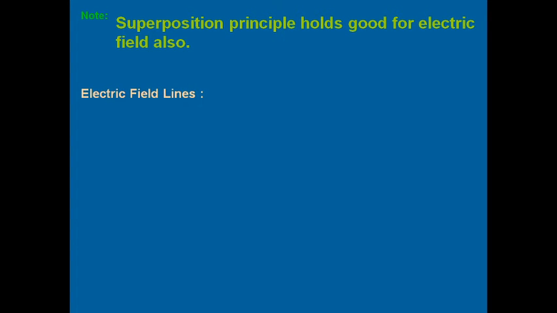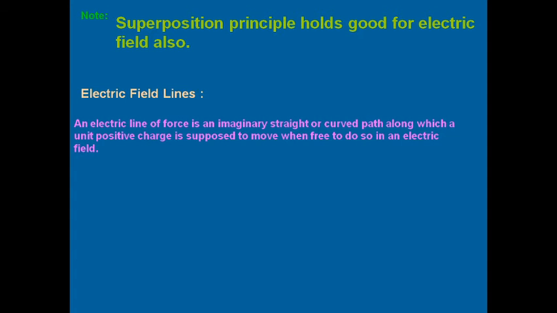Before that, let's discuss the electric field lines. Field lines are usually used to represent the direction of the electric field. Theoretically, it is defined as the imaginary straight or curved path along which a unit positive test charge is supposed to move when it is free to do so.